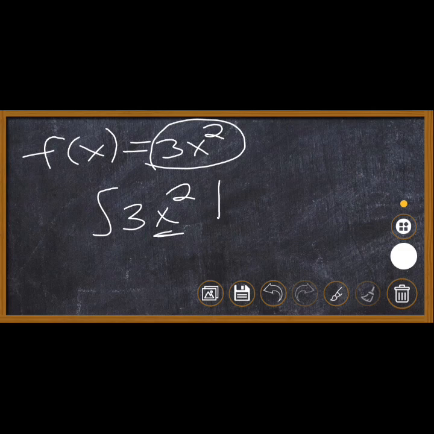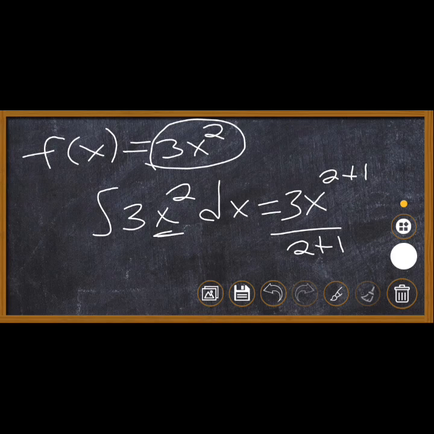So here we are going to write dx. So after you are done with this part, what do we have to do next? Now, as we have discussed earlier, you have to add 1 to the power and then divide by the same power. So in this case then, we are going to have 3x to the power 2 plus 1 over 2 plus 1.